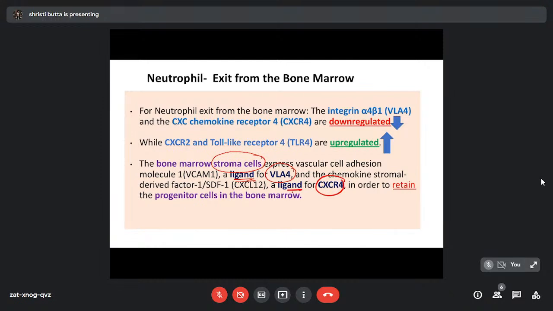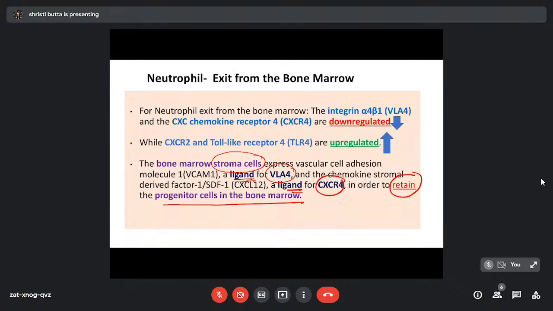Why are they expressed? Because they help in the retention of the progenitors in the bone marrow. Otherwise, all the progenitors would appear in the peripheral blood. It is only when they are downregulated that they tend to appear in the peripheral blood.